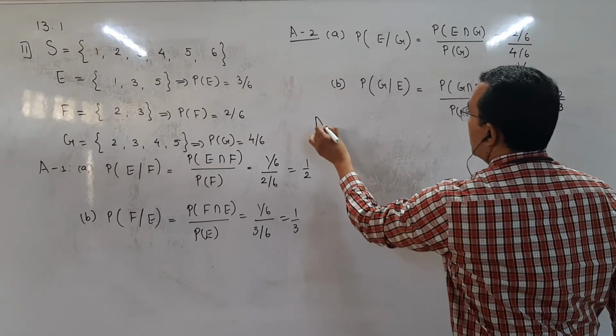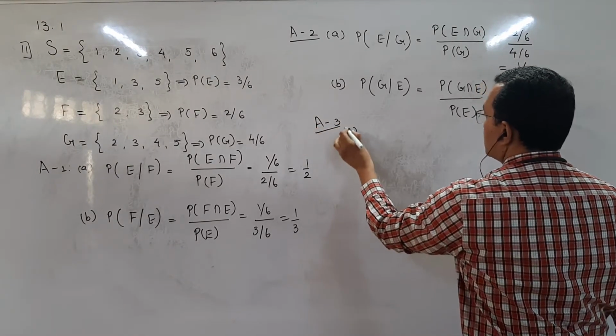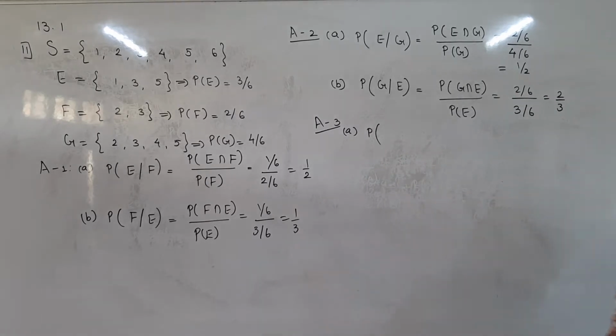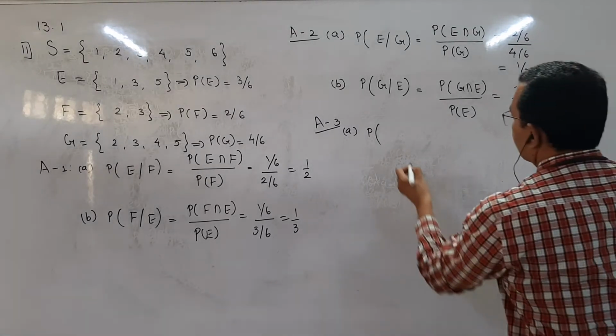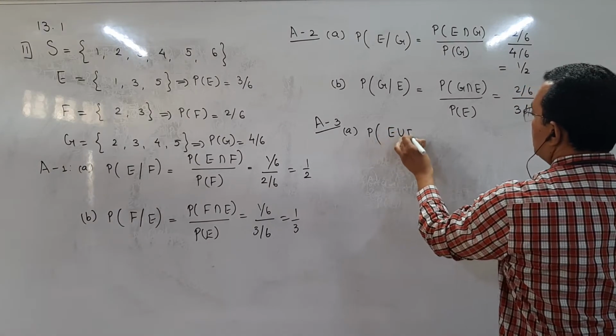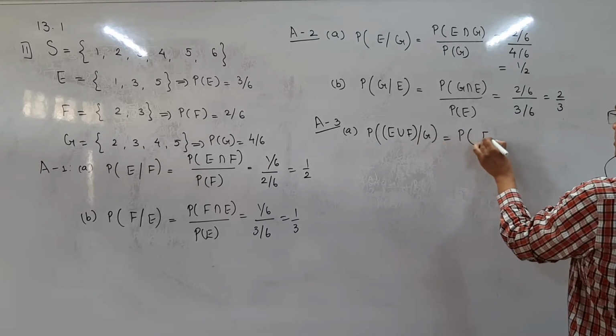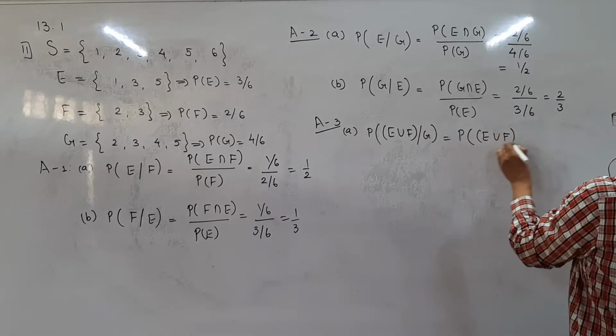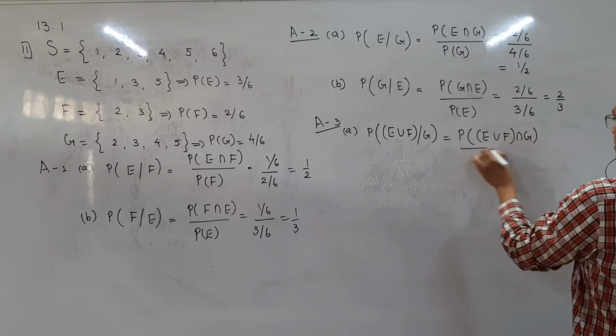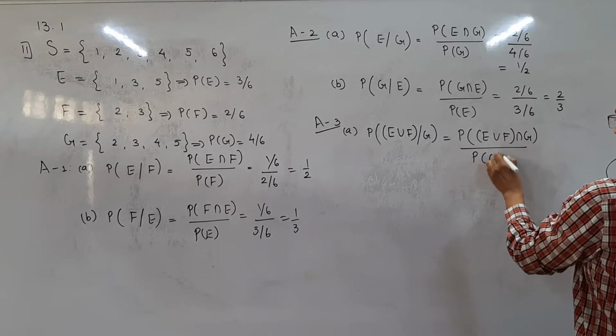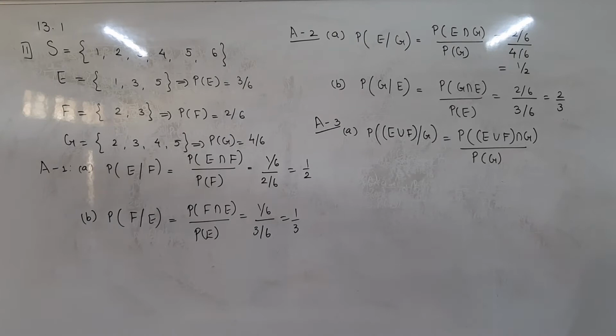Now, the third part of the answer is probability of E union F given G. That is probability of E union F intersection G upon probability of G. Now E union F is 1, 2, 3, 5 and its intersection with G will be 2, 3 and 5.